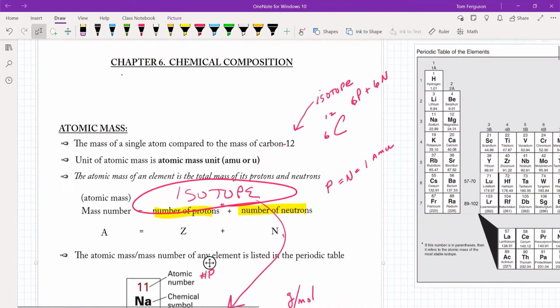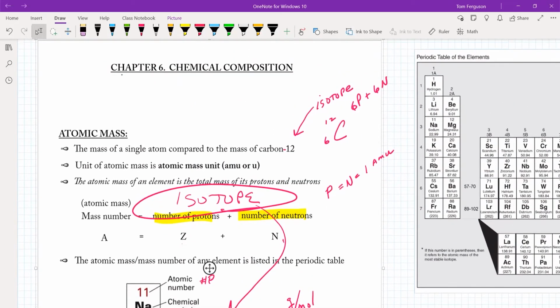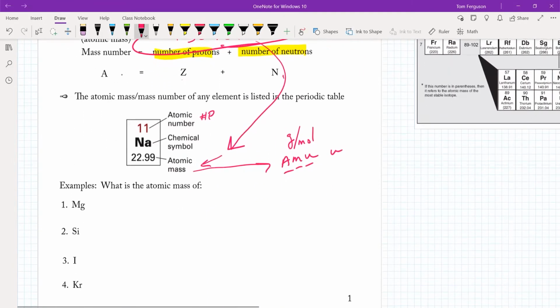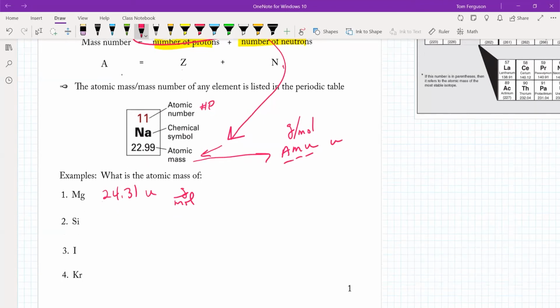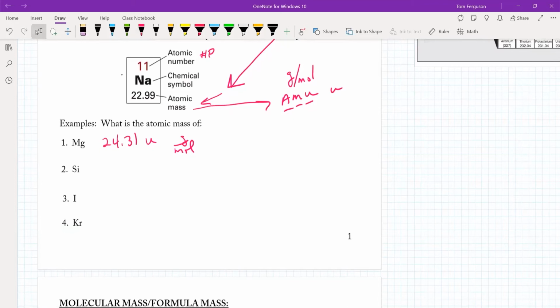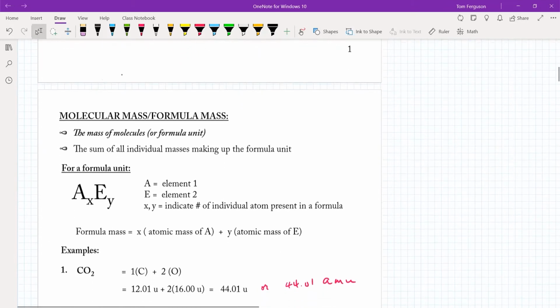We would zoom over here to magnesium, which would be 24.31. And again, that would be AMUs or U's or grams per mole. I'm going to talk about this grams per mole bit in a little while. Okay, so for the atomic mass of any of these, you just look at the decimal number on the periodic table.